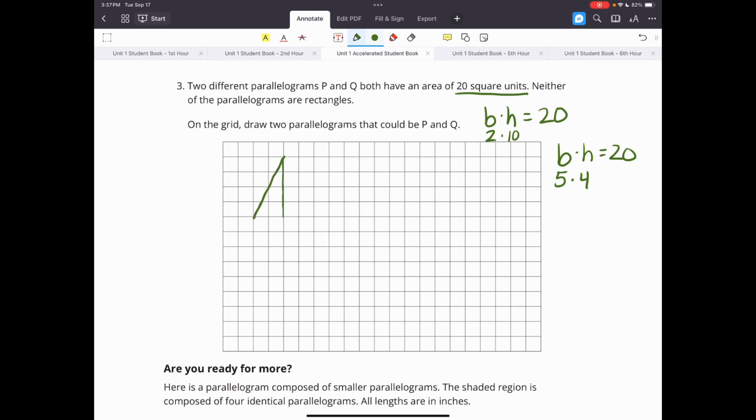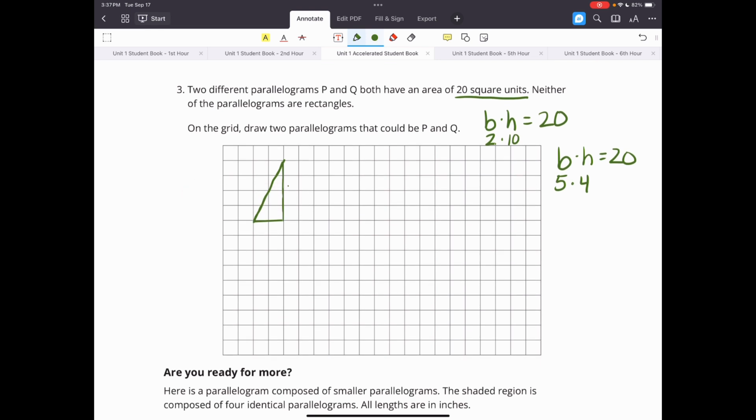So here's 2 units, 1, 2, and because my height is 4, I have to make this line, my base, 5 units, 1, 2, 3, 4, 5. But I also have to make its opposite 5. So 1, 2, 3, 4, 5, and then I can connect my parallelogram. So we have to be slightly off to make that slanted parallelogram that is not a rectangle.